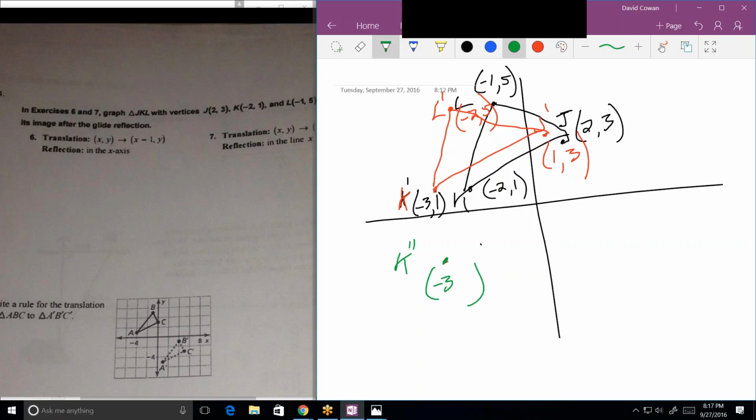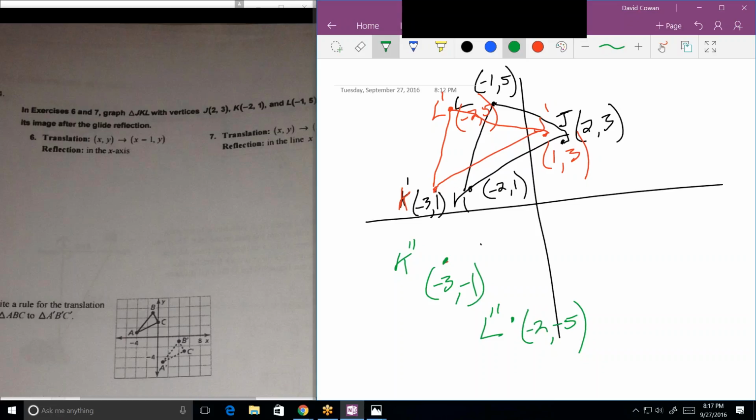And L double prime? Negative 2 comma negative 5. And what's J prime? Negative 2 comma negative 3.